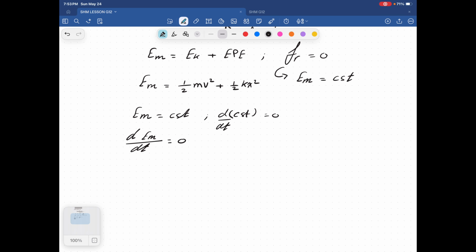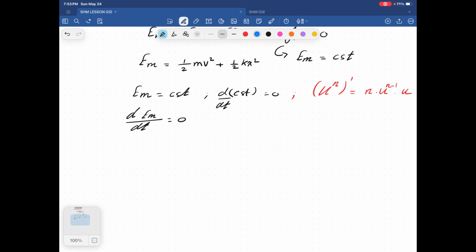Now, a quick refresh on mathematics. You know that if we have u to the power of n and we want to find its derivative, the formula is n u to the power of n minus 1 multiplied by u prime. And so we can state here that half m is a constant, of course it remains on the outside. The derivative of the velocity squared is 2 v to the power of 1 multiplied by the derivative of velocity, plus half k is a constant. k is the spring constant, of course.